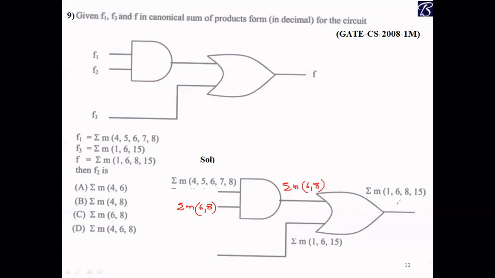Now check whether the output is matching or not. 6 is present, okay. 8 is also present. 1, 6, 15 is also present. So this option is correct. So option C is correct. In that way, we can find the correct option. In the next lecture, we're going to see the concept of K-maps, previous GATE problems and practice problems. Thank you, friends.